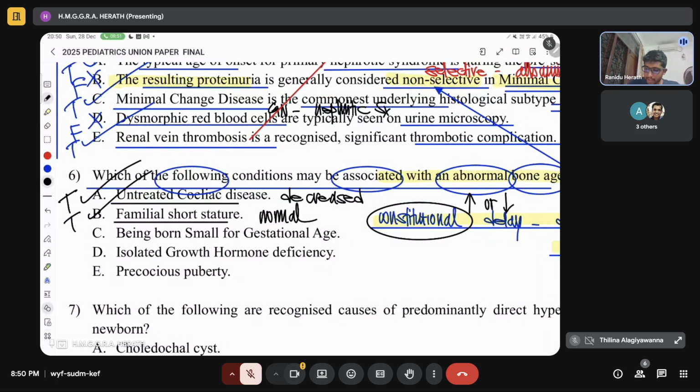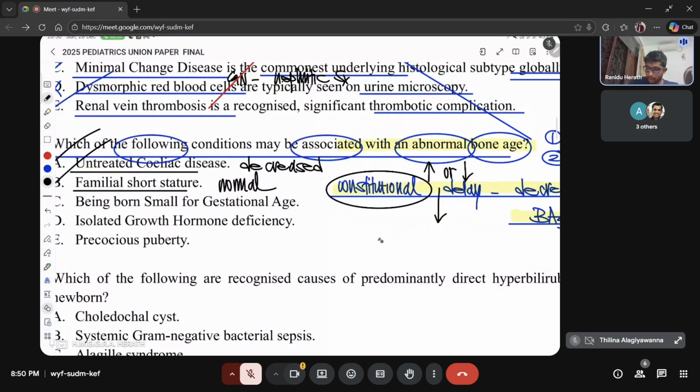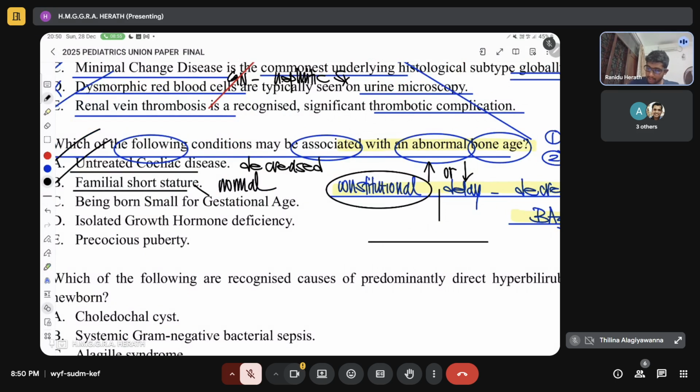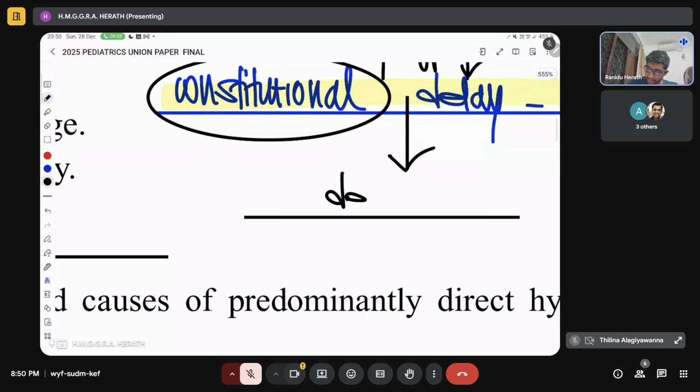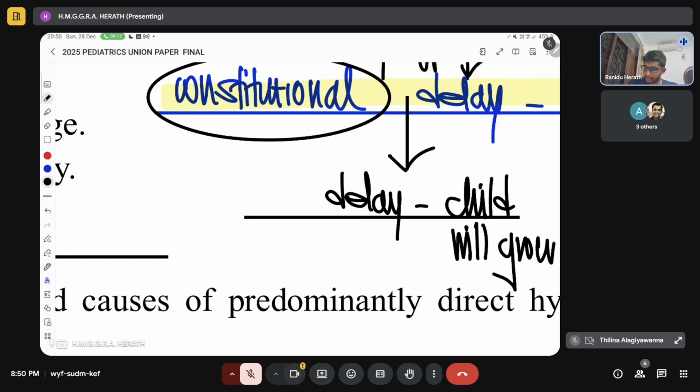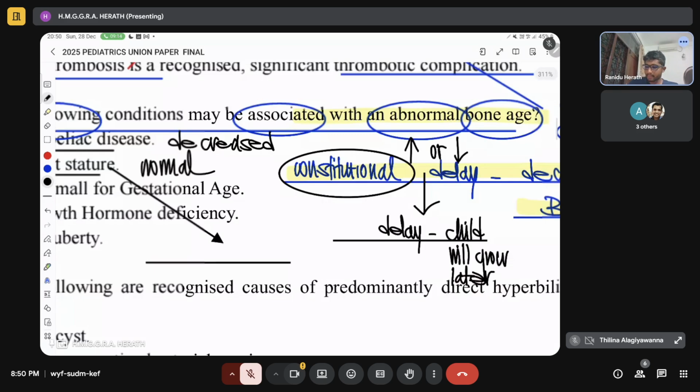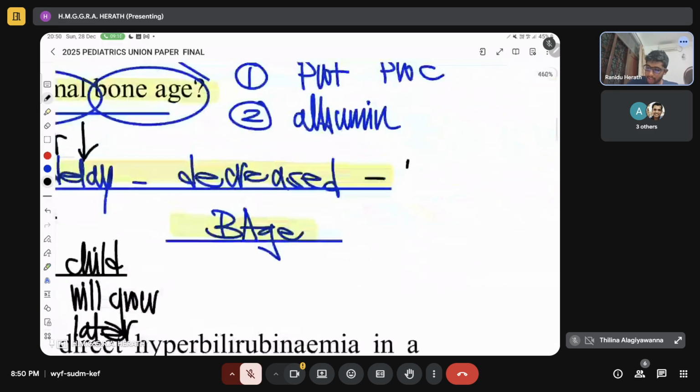The constitutional delay child will have catch-up growth later on, but the familial short stature child will stay short because the child is anyway inherited short according to his familial genetics. So there's a delay here, but the child will grow later to the normal height. This is just a normal variation leading to an abnormal looking delay, right? This is a diagnosis of exclusion.